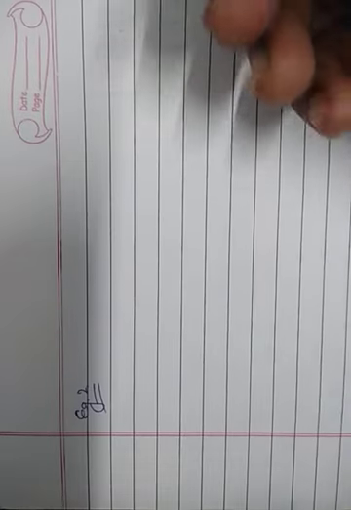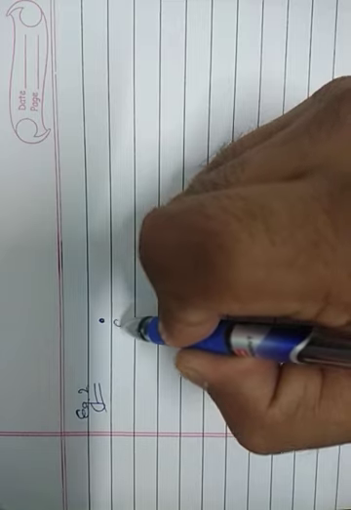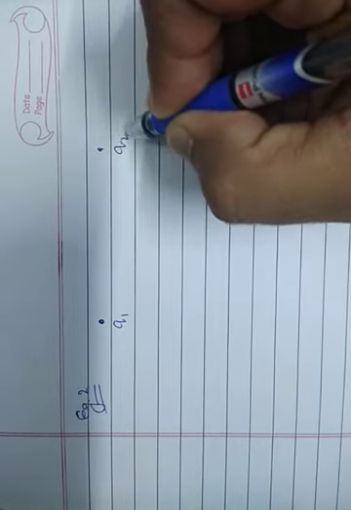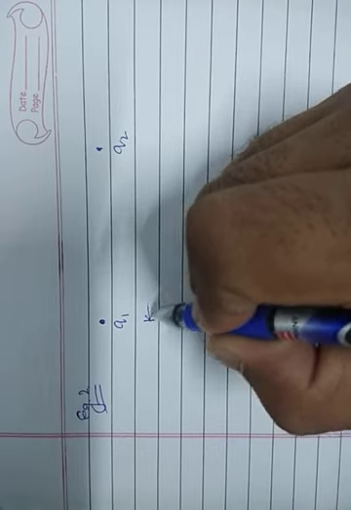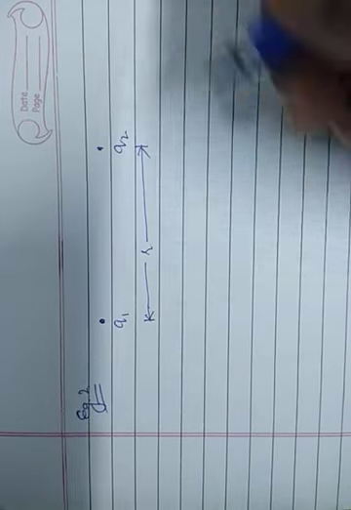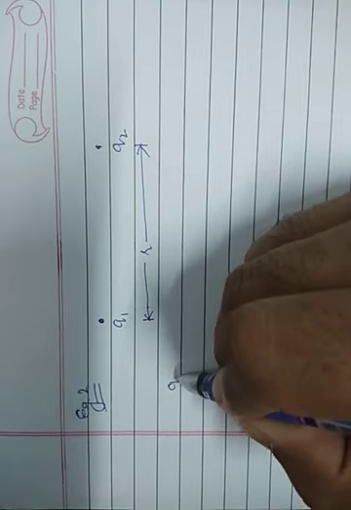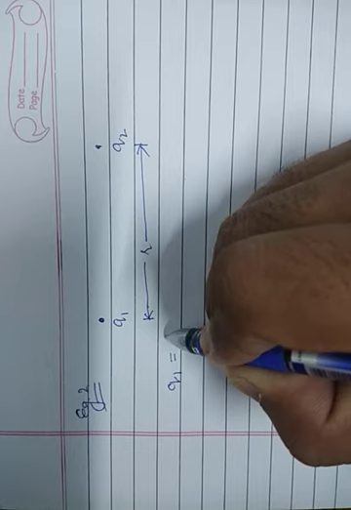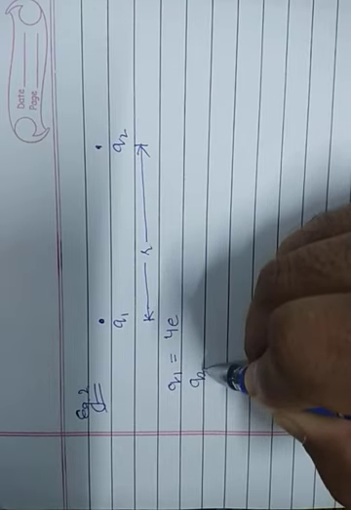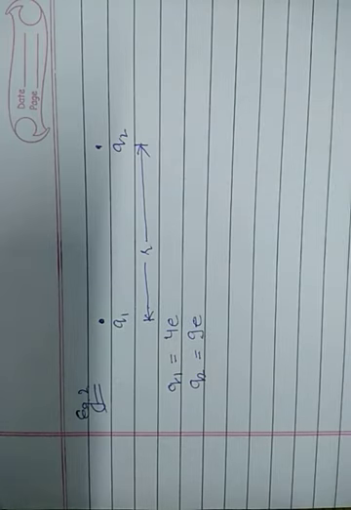Now consider another example. We have two charges, Q1 and Q2, separated by a distance r. The value of Q1 is 4 times the charge of an electron, and the value of Q2 is 9 times the charge of an electron, 4e and 9e.